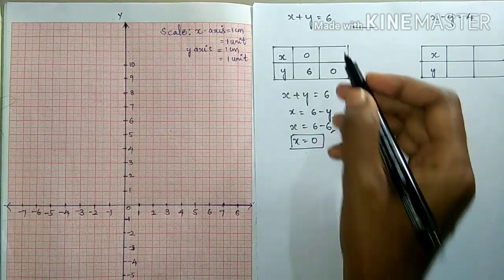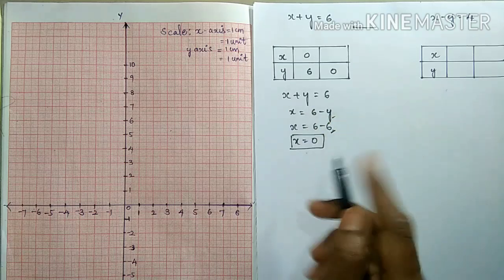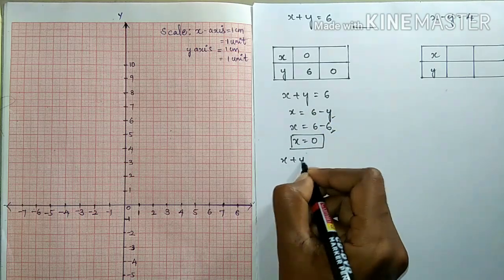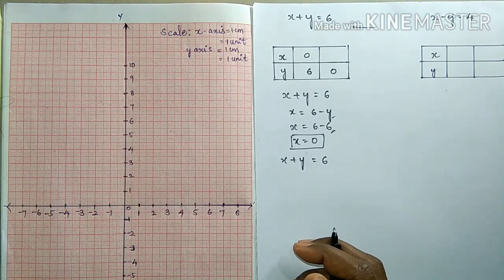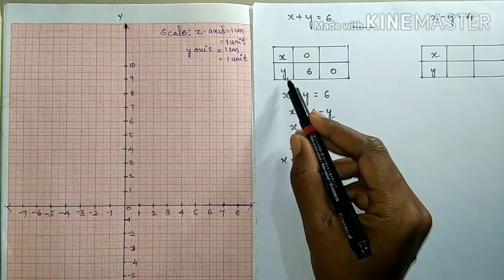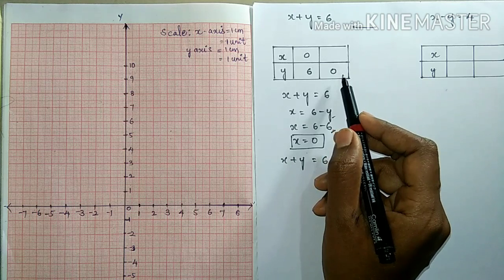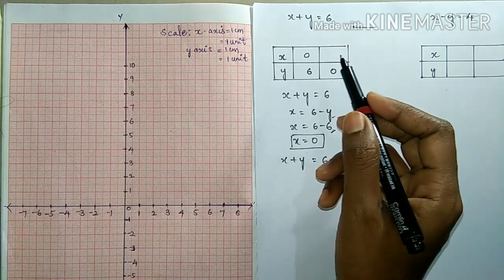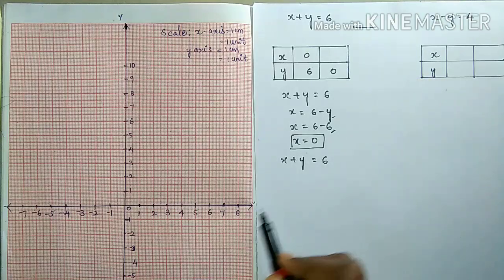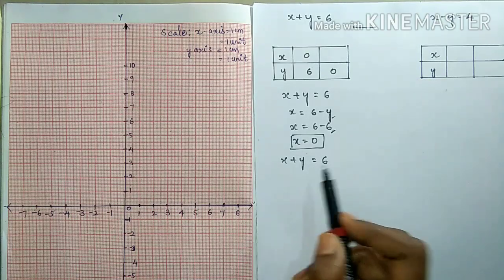In the same way, again I'll write the equation x plus y is equal to 6. Here also the y value is 0. To make the y value 0, what x value do I have to substitute in this equation?